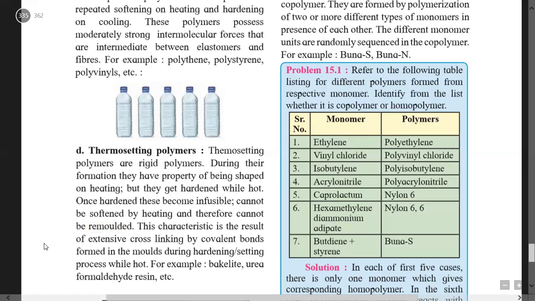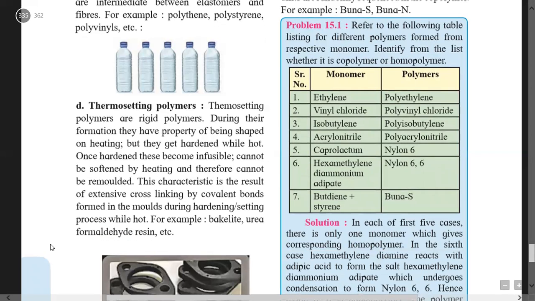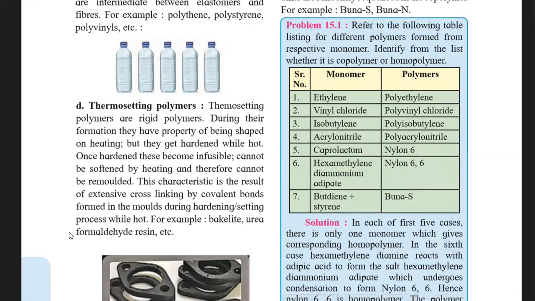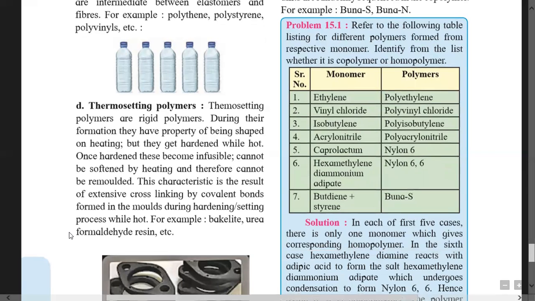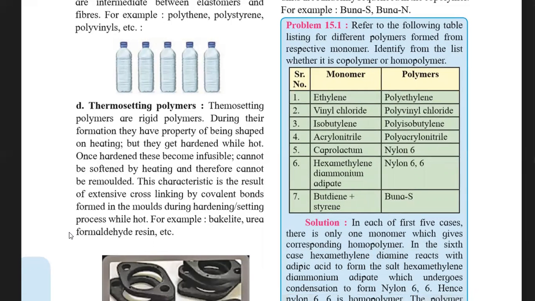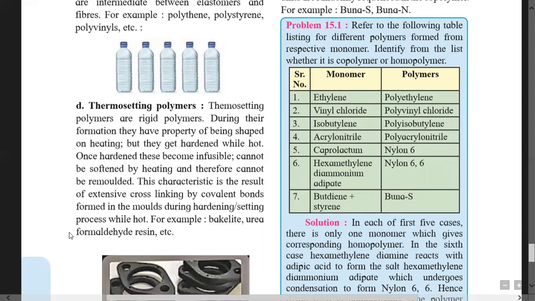This characteristic is the result of extensive cross-linking by covalent bonds. Why is this property present in thermosetting polymers? Because of the presence of covalent bonds in the cross-links that form in the molds during the hardening or setting process in hot condition. Examples are bakelite and urea formaldehyde resin.